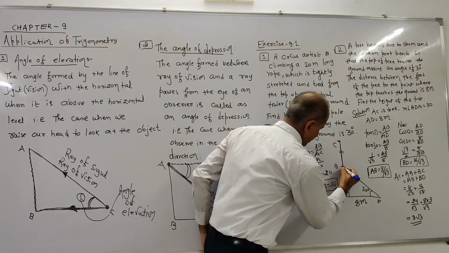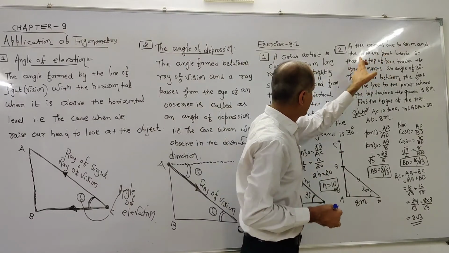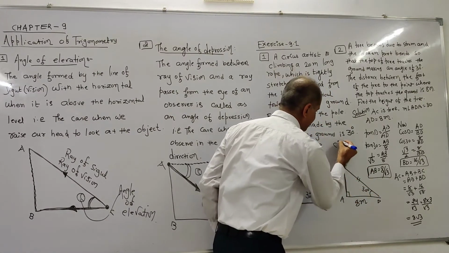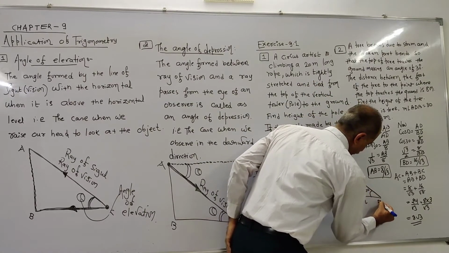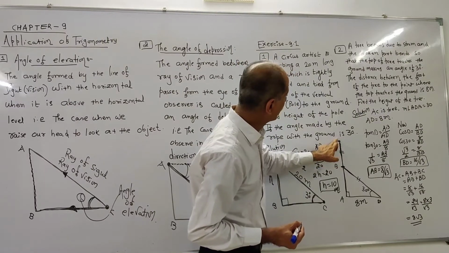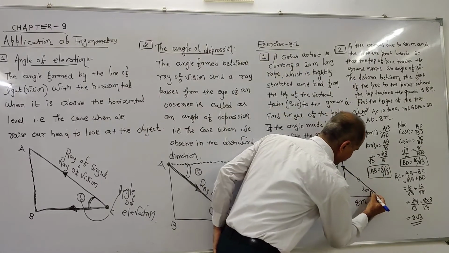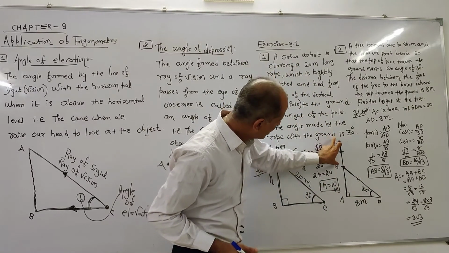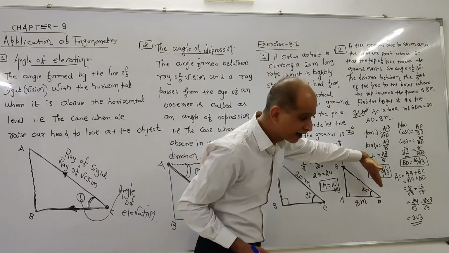So due to the storm it breaks from the point B. So this broken part BC bends and touches the ground, making an angle of 30 degrees. So here you have to write 30 degrees. So this BC is known as the broken part of the tree. Due to the storm, it breaks and it touches the ground.